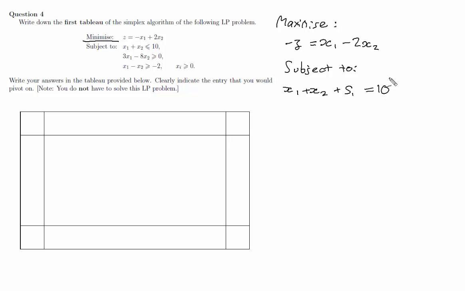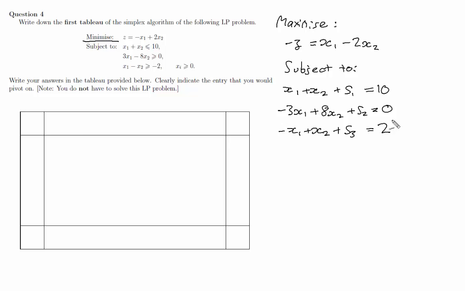The next one, we need to turn that greater than or equal to sign around, so we'll multiply by minus 1, so minus 3x1 plus 8x2 plus s2 is equal to 0. And we also need to turn the last one around, so minus x1 plus x2 plus s3 is equal to 2. Alright, now we're ready to start writing into our table.